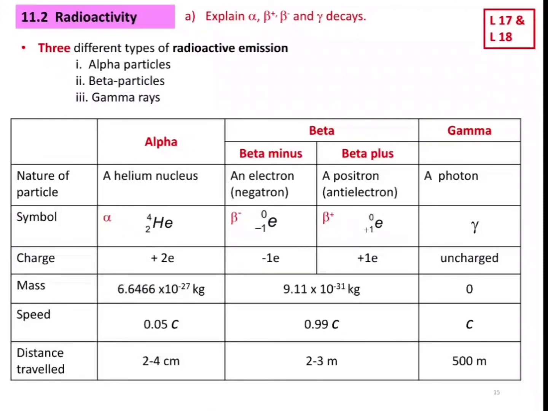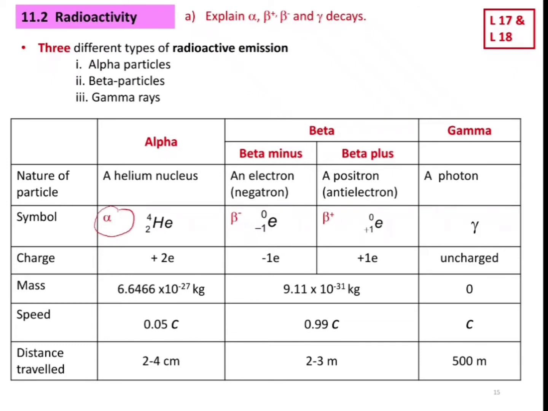Okay, so for 11.2, let's look at the first one first: explain alpha, beta plus, beta minus, and gamma decay. Alpha is actually a helium nucleus, helium-4 with 2 protons, He 4 2. So if the question mentions helium, it means alpha, or the symbol is alpha.